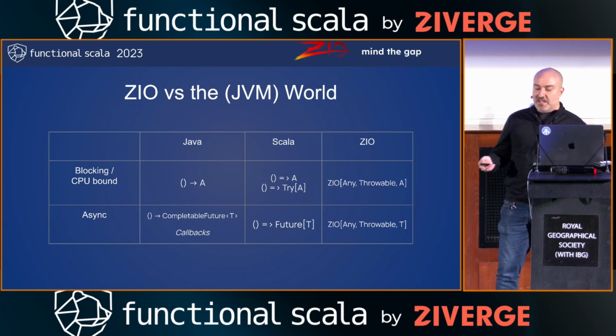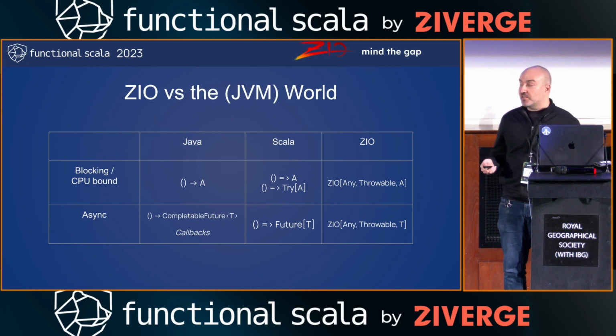These are the equivalent types for something that you would have in Java or Scala versus your ZIO type. Your ZIO type could represent something that is blocking or CPU-bound, and in the Scala or Java world it would be just a function, because ZIO is not executing yet. It's not like a Future where the execution has already started.